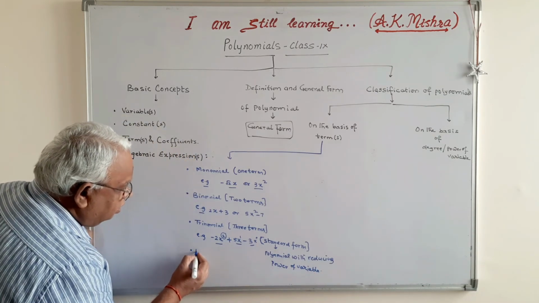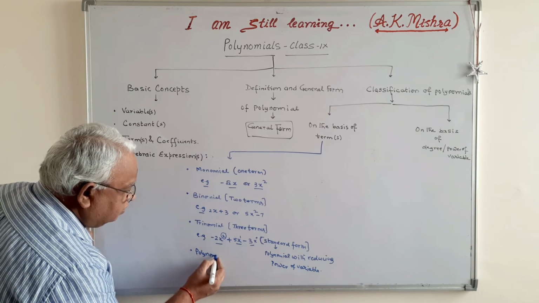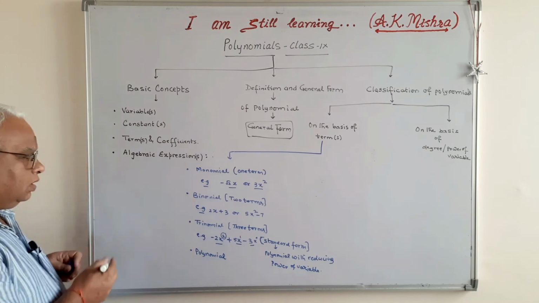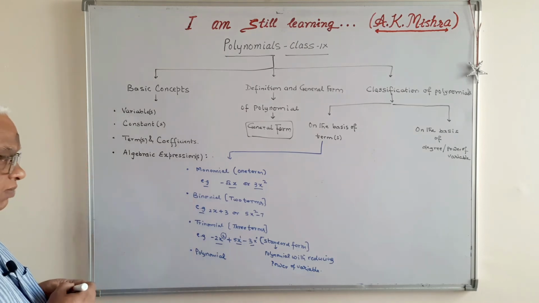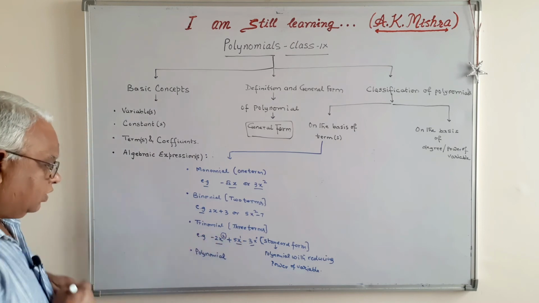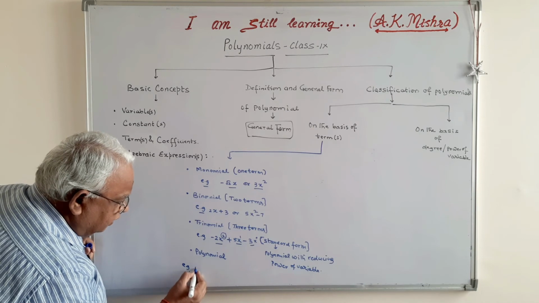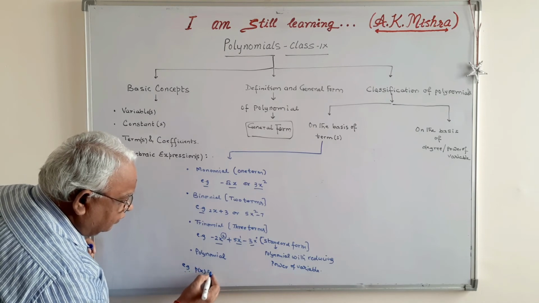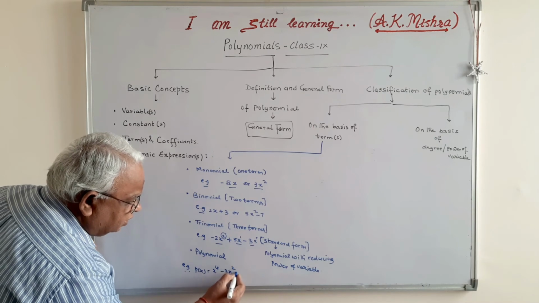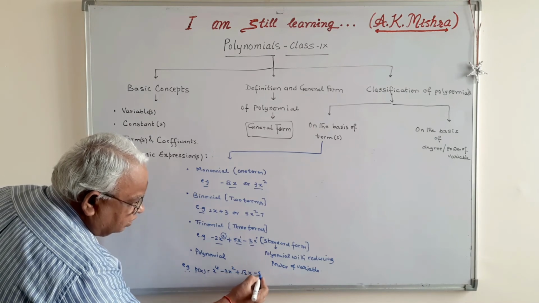And then the general polynomial. Here you can talk about any polynomial with more than three terms. For example, you can write p(x) is equal to x^4 minus 3x square plus root 2x minus 8.